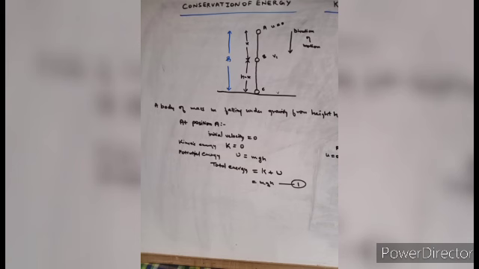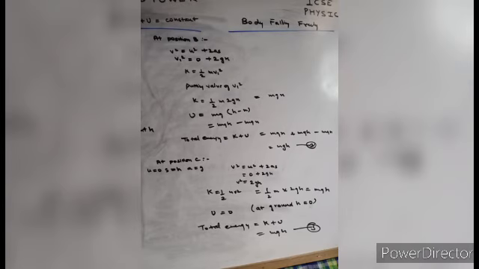Now at position B, we are taking v squared equals u squared plus 2as. Here we are taking v as v1, so v1 squared will be equal to u squared, which is again 0, plus 2gx. Why is it g? Because here gravity is acting, as the body is falling freely under gravity. So it gives K equal to half m v1 squared, and now we put the value of v1 squared from the above equation.